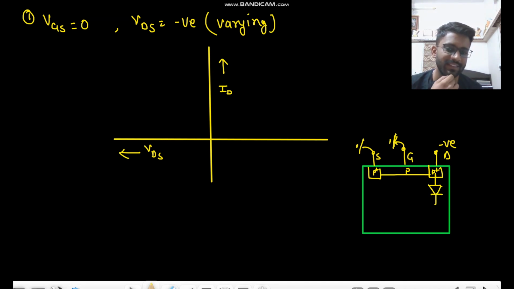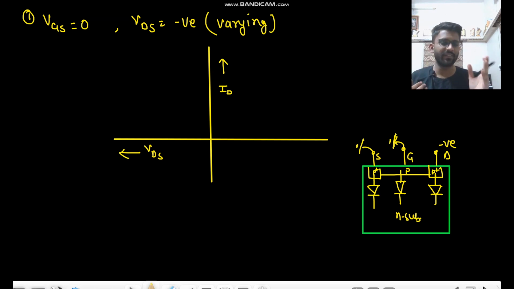Here we have N substrate, so this is P and this is N, this is P and this is N. If you increase the negative voltage, the reverse bias will get increased. The drain side will have more reverse bias, because we saw in the previous analysis why the drain side has more reverse bias. The channel will start getting depleted from the drain side.